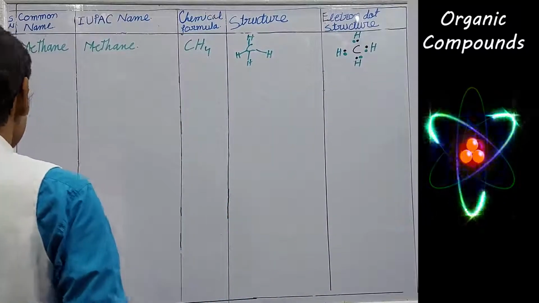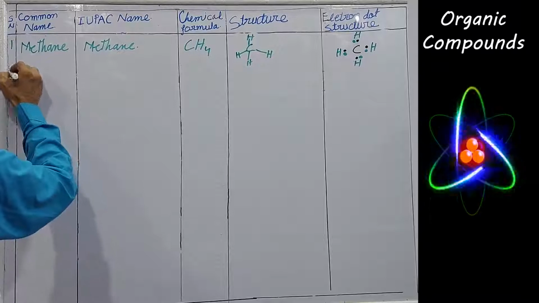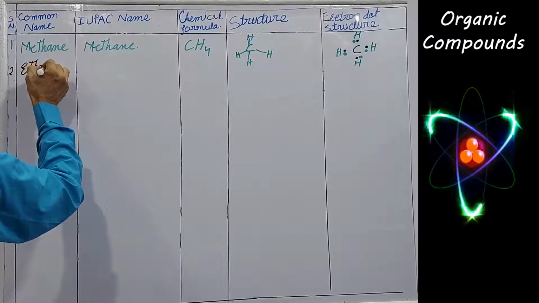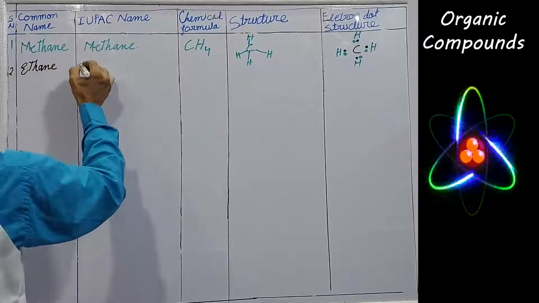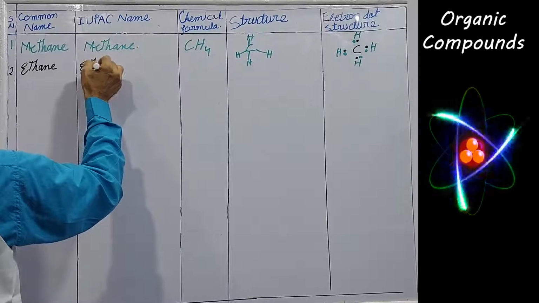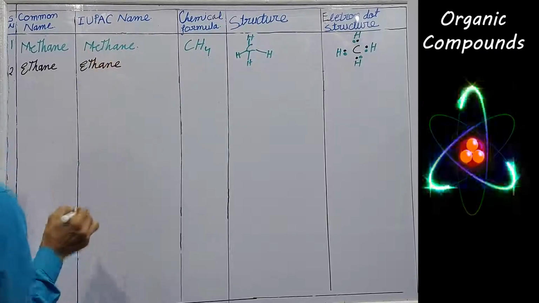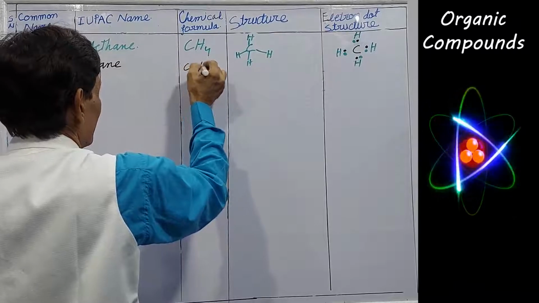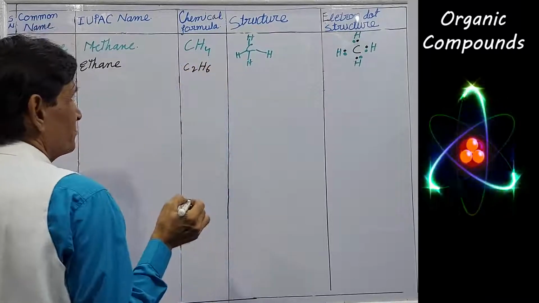Next is ethane, number 2. Ethane is the name of this compound. The IUPAC name is also ethane, and its formula is C2H6.